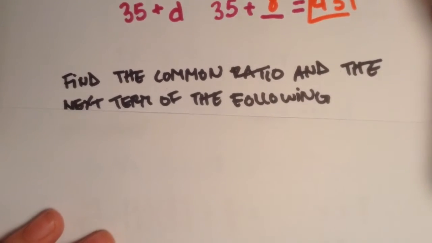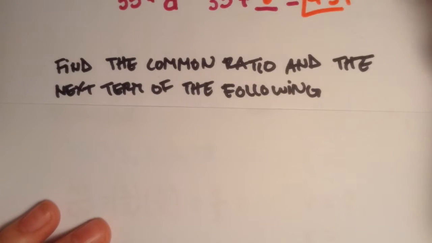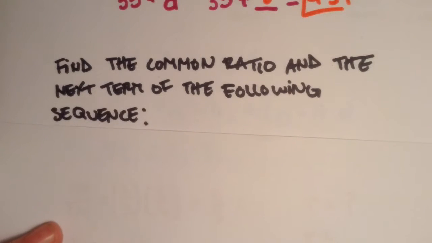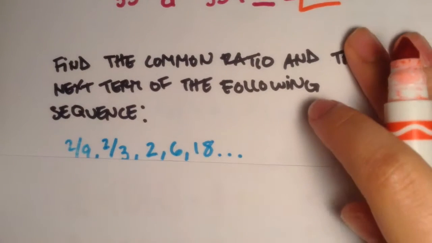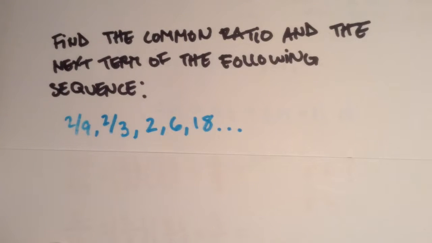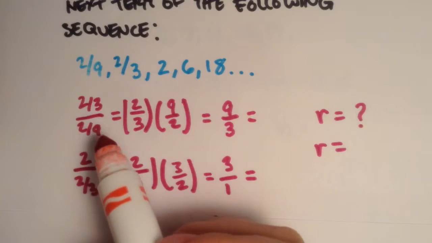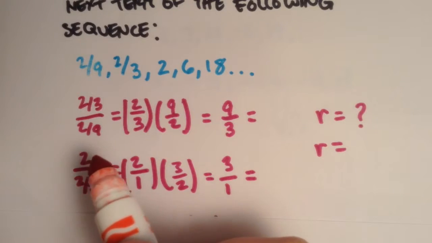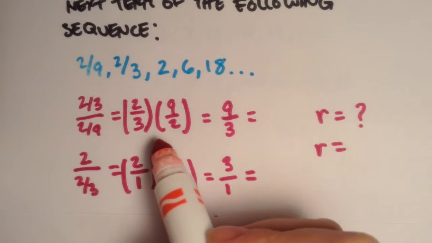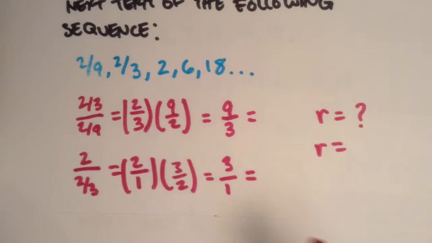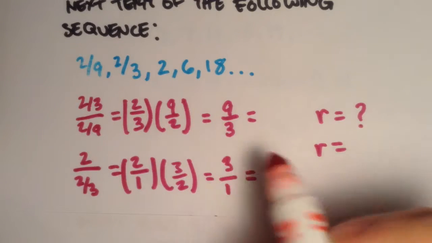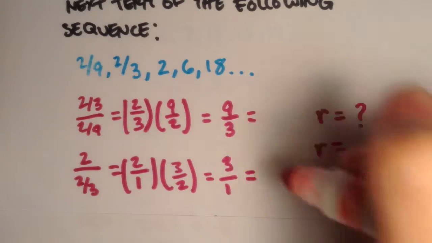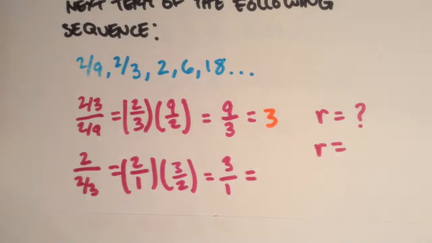Now we're going to practice with the common ratio and look for the next term of the following sequence. To find the common ratio, I have to divide a pair of terms. It doesn't matter which pair I pick as long as they're right next to each other. We have 2/3 divided by 2/9, and then we just multiply by the reciprocal, and we get 9/3, and that equals 3.